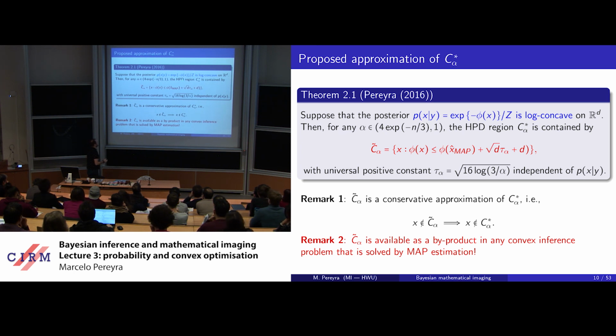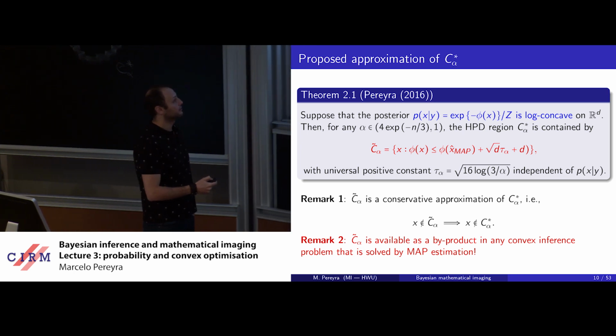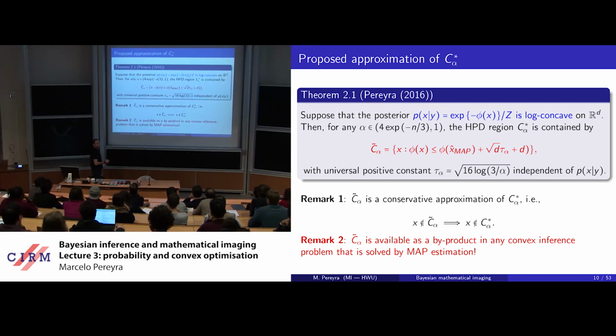What this approximation says is that for any posterior distribution that is log-concave, so for which phi is convex, then this set, where I have replaced gamma of alpha by this quantity, so phi evaluated at the MAP, phi evaluated at its minimum value, plus this universal constant that only depends on dimension, but that does not depend on the model, this thing contains the true C alpha.